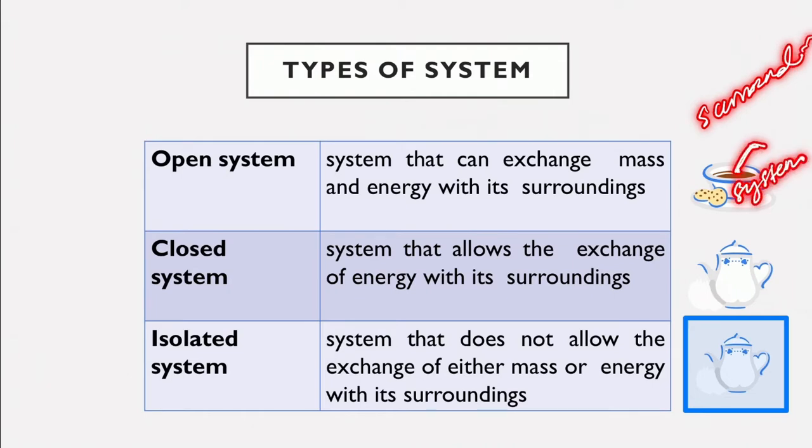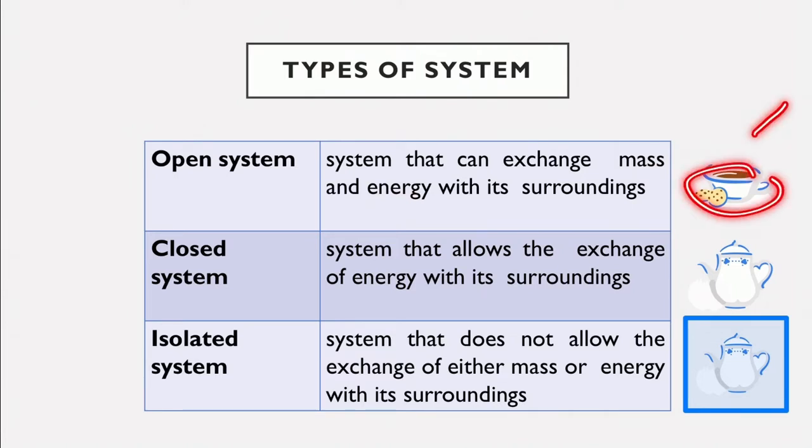If you drink or remove your coffee, then you can exchange mass, and energy. We will be focusing on heat energy. If this coffee is hot, it will release heat energy to the surrounding. So this is an open system, it's not isolated. You can exchange mass and energy between the system and its surrounding.